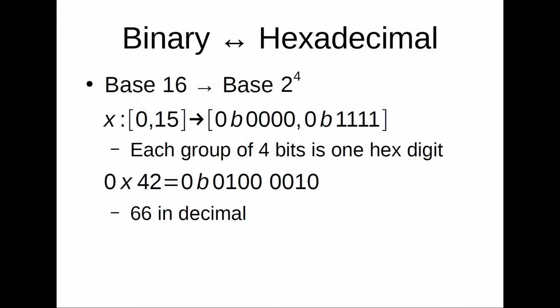And 0x42 becomes 01000010, which you can look at each group of 4, and it represents 4 and 2, and that's 66 in decimal. Because of that, hex is a common way to represent binary in a more compact form, which is nicer for humans to read.